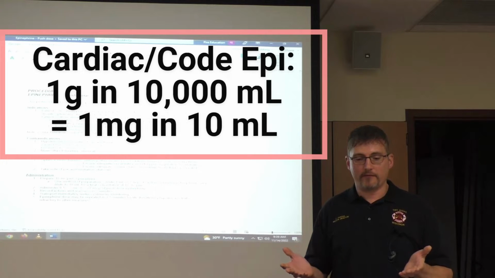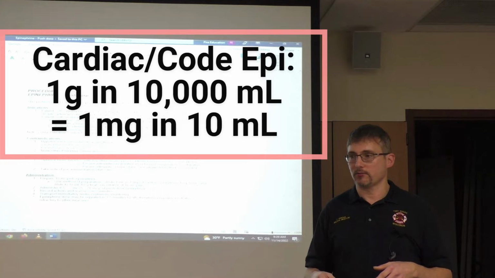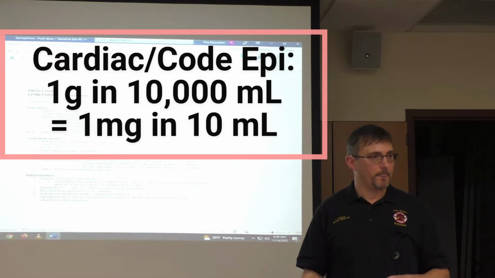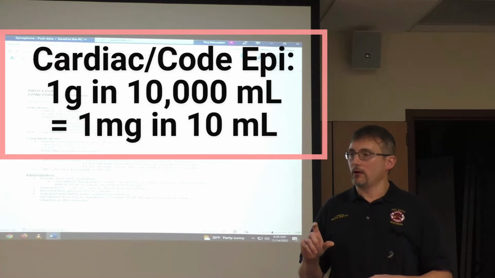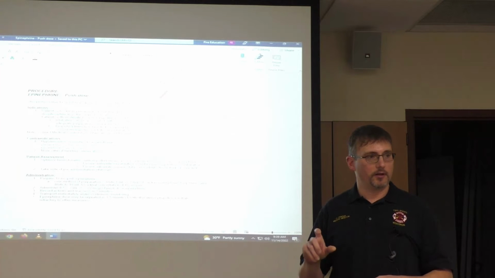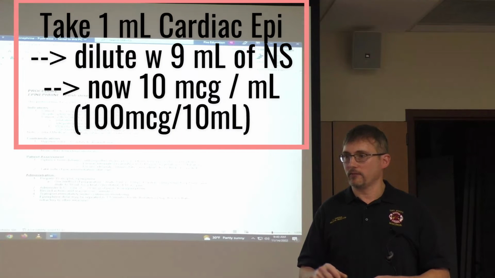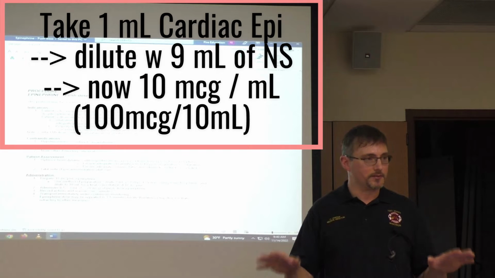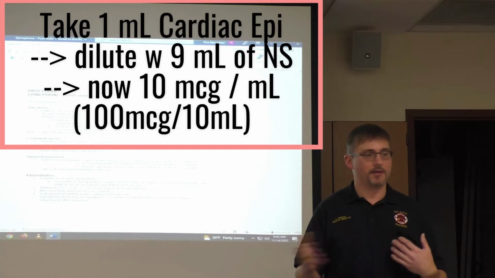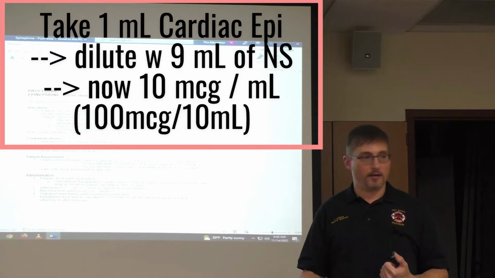So what we have in our code dose epi is a roughly 10 ml syringe, and that has 1 milligram in it, okay? So you have a 1 milligram, 10 ml syringe. If you get rid of 9 mLs of that stuff, and there's a number of ways to do this, but in general, we're going to waste 9 mLs, we're going to draw up 9 more mLs of normal saline.